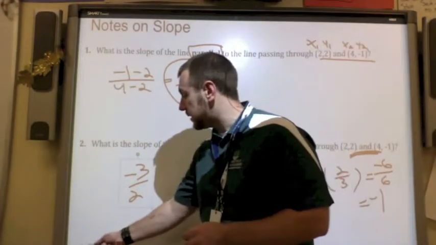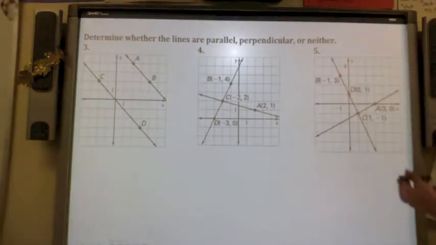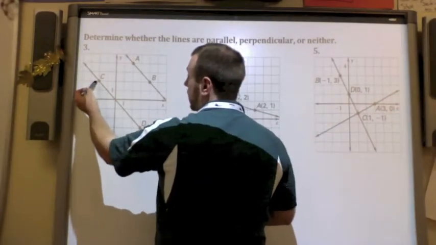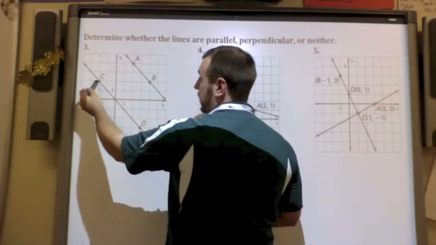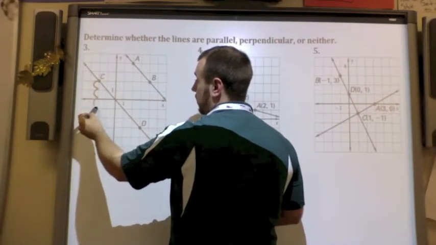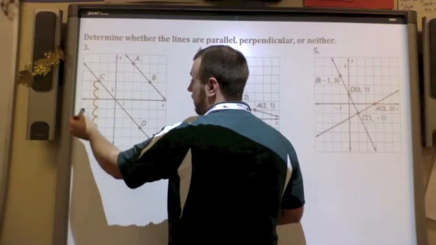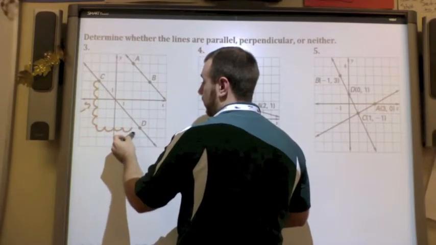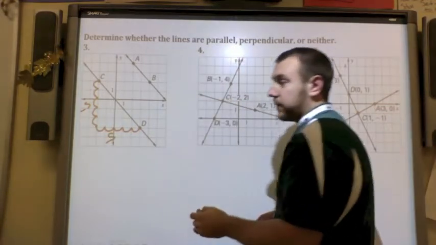A few more practice problems on this. Okay, again, just on the graph, I would find the slope between these two points. Down 5, over 5.